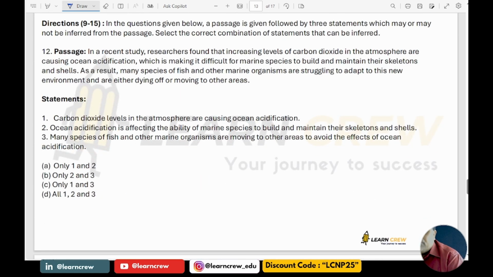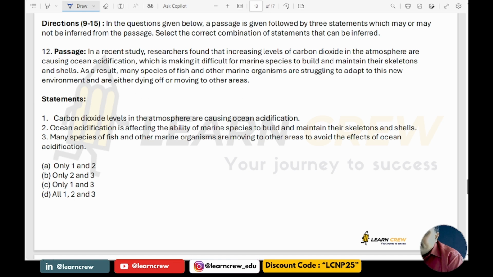Then question number 12. In a recent study, researchers found that increasing levels of carbon dioxide in the atmosphere are causing ocean acidification, which is making it difficult for marine species to build and maintain their skeletons and shells.